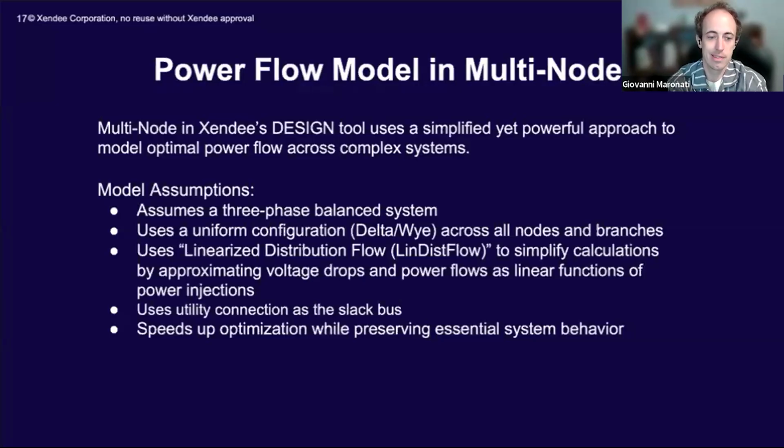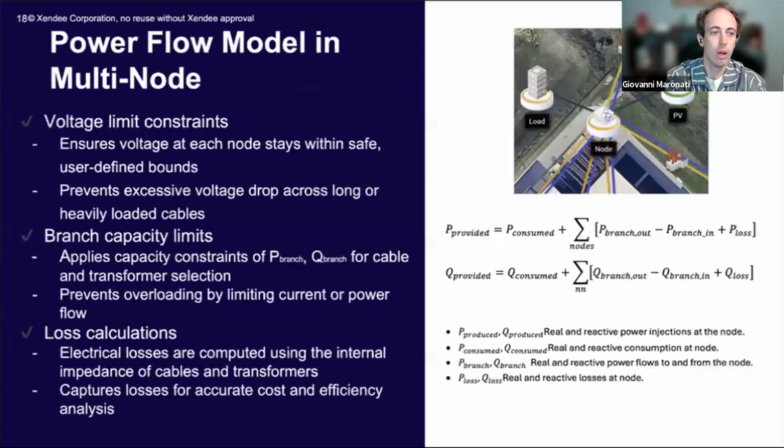We also designate a slack bus, which is typically the utility connection, to anchor the system voltage and absorb any power balance errors in reactive and active power. So basically, we enforce voltage bounds at each node. We apply active and reactive power branch capacity limits to prevent overloads and guide the cable and transformer selection.